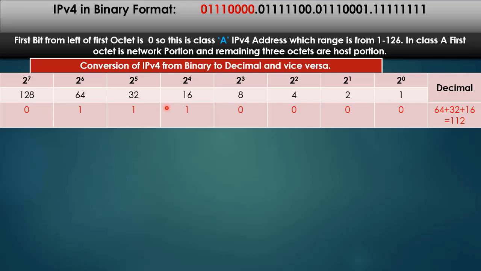Then 1 multiplied by 16, answer is 16. So our answer here is 112.